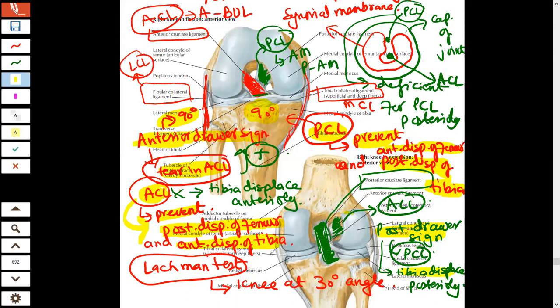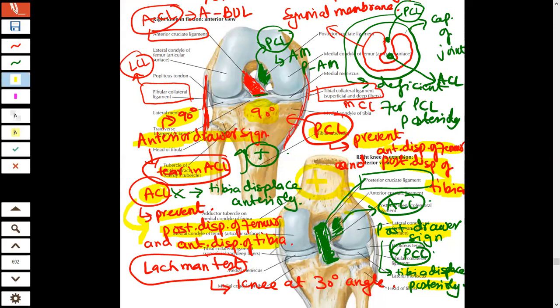If the patient's tibia displaces posteriorly, going backward, and the femur comes forward, then you will say this patient has a positive posterior drawer sign. It means he is having a tear in the posterior cruciate ligament.